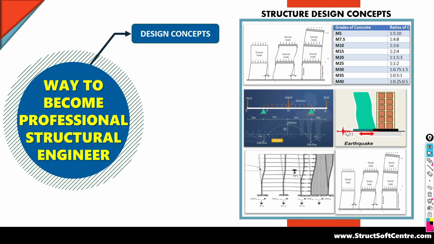What are the different types of load patterns? What are the different types of loads? What types of loads will your structure be subjected to? Under gravitational load, how is your structure going to deform? Under lateral load, how is your structure going to deform? Under static load cases, how is your structure going to respond? Under dynamic load, how is your structure going to respond? What are the different types of beams?